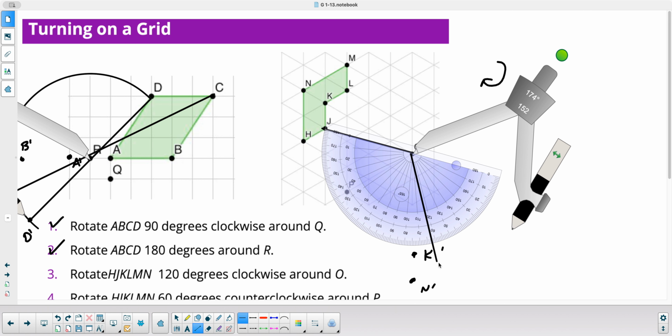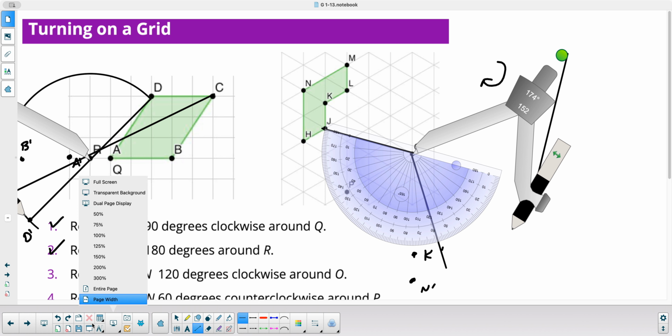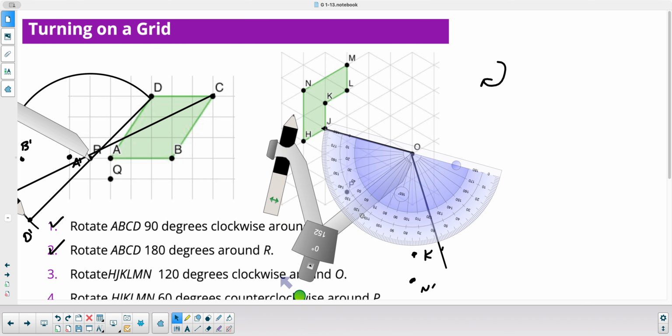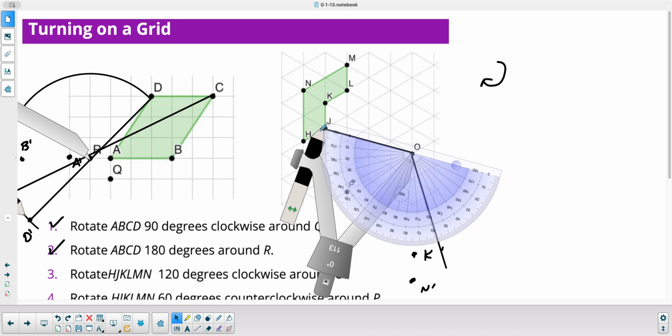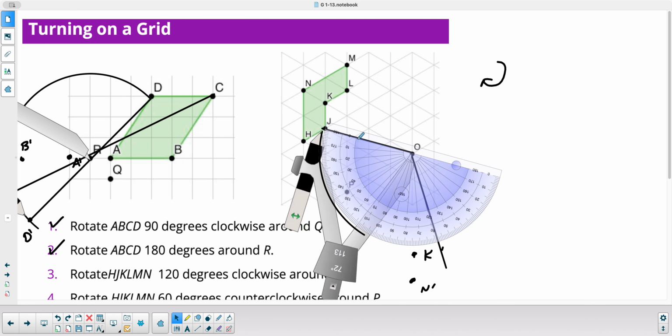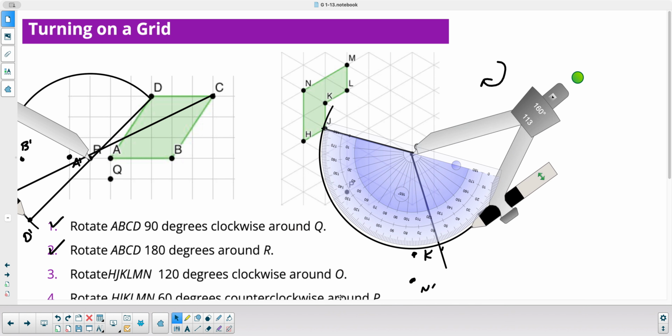Here's 90, 120 would be right about there. There's my angle. And I have to adjust my protractor to measure that distance, and I swing it right there. So there's my J prime.